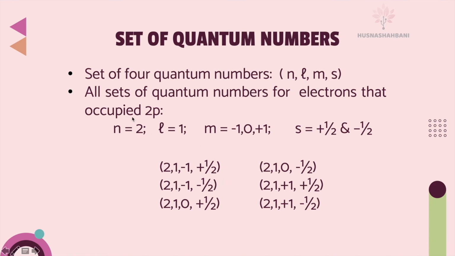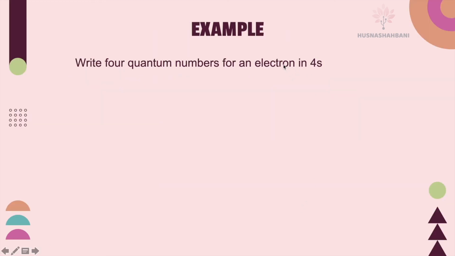In the p orbital, the maximum electrons that can be occupied are 6 electrons. That's why we have 6 sets of quantum numbers, because of the maximum 6 electrons. But in 4s, maximum 2 electrons only, but the question only asks for an electron, for 1 electron only.